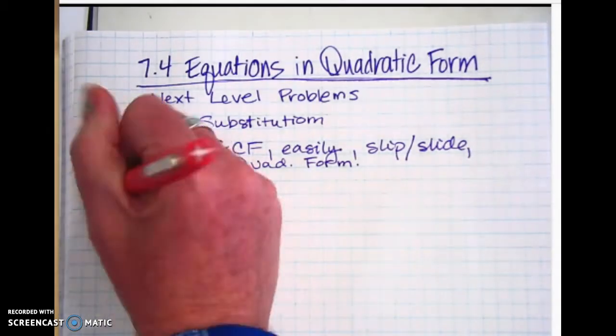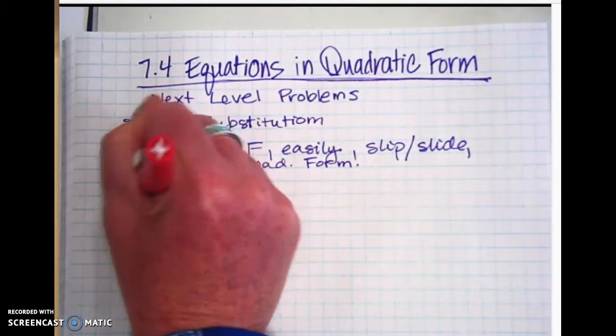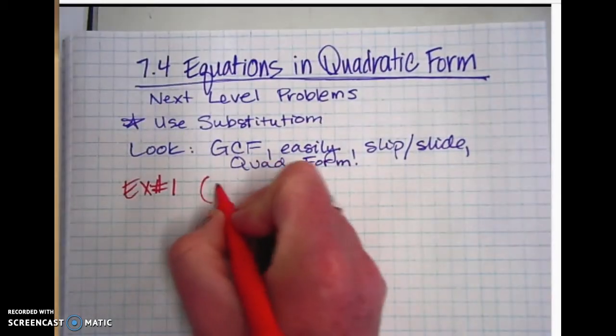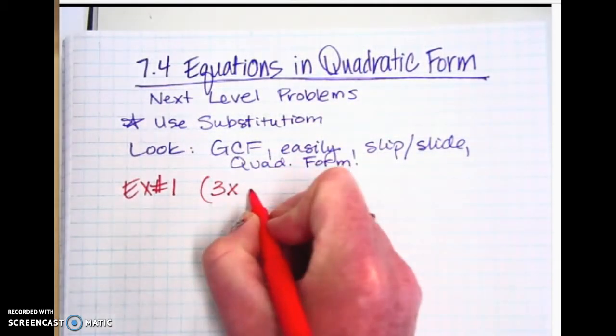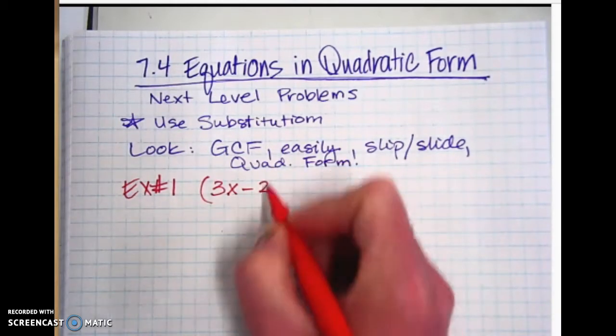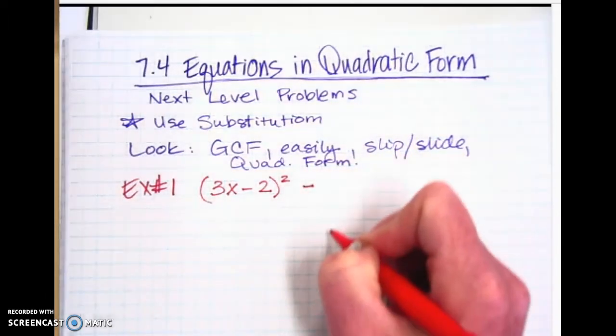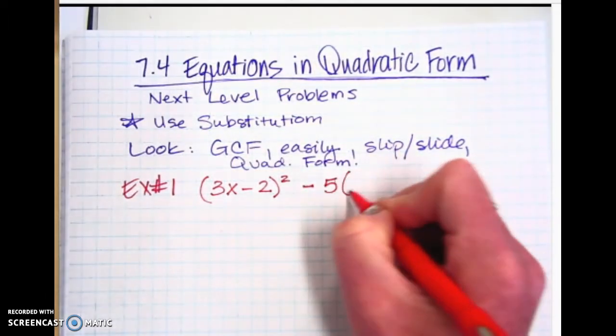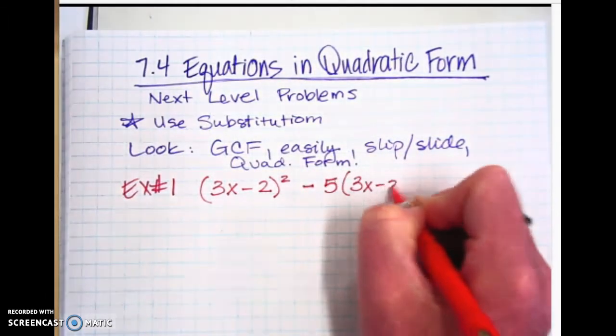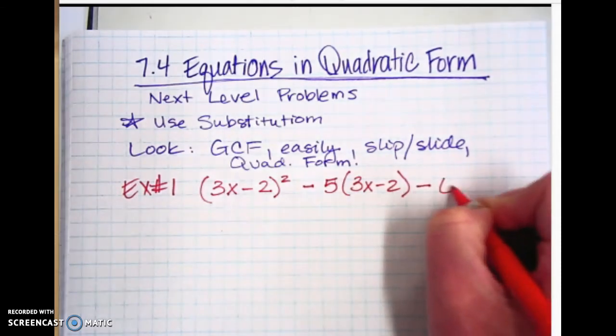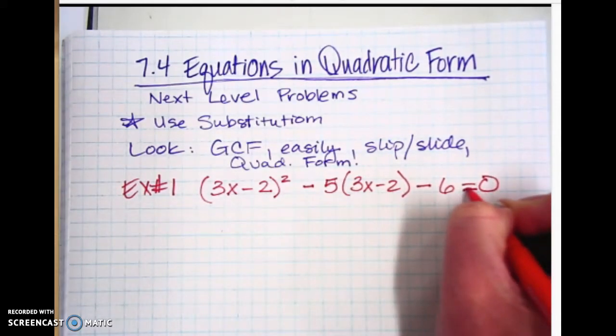So let's try one. Example number 1. We're going to start with (3x minus 2) squared minus 5 times (3x minus 2) minus 6 equals 0.